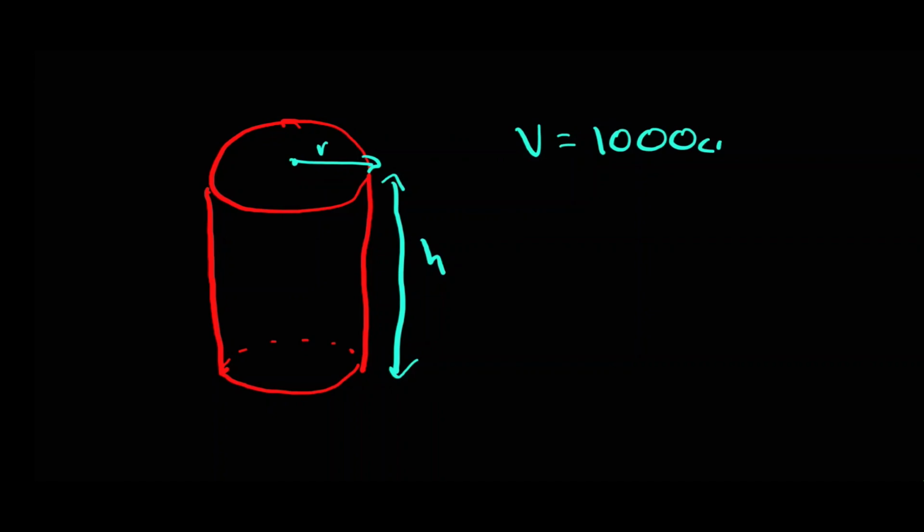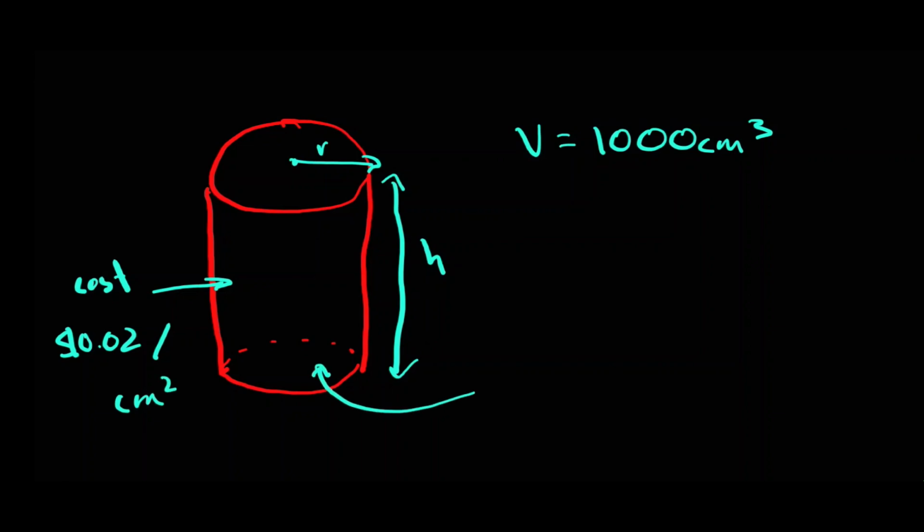The volume is 1000 centimeters cubed. The price of the sides is $0.02 per centimeter squared, and the cost of the top and the bottom is $0.05 per centimeter squared.